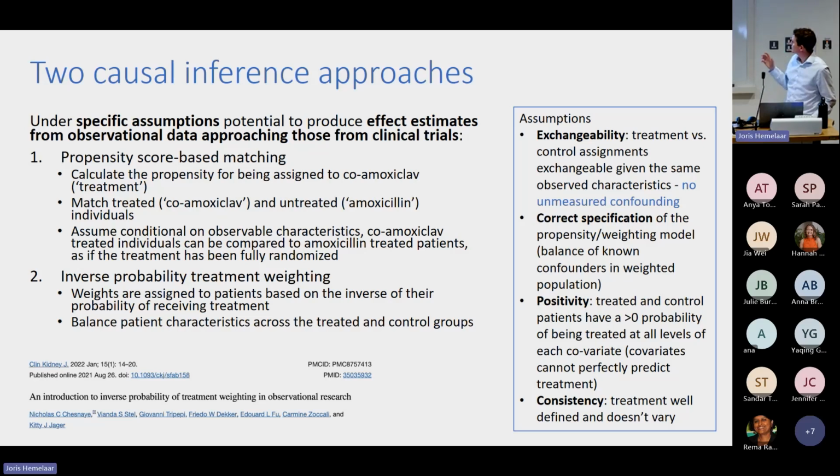You also want to make sure you've achieved good balance between the groups using either matching or weighting, and that no level of your covariates perfectly predicts either co-amoxiclav or amoxicillin, which otherwise will cause a problem with the modelling.